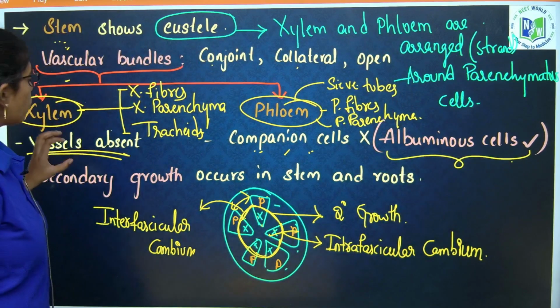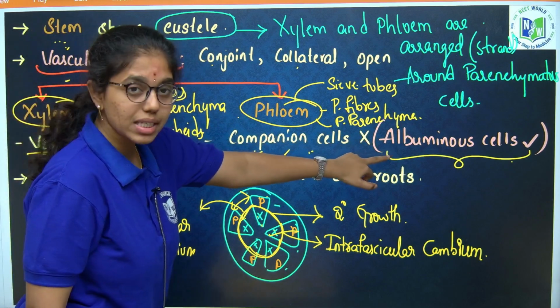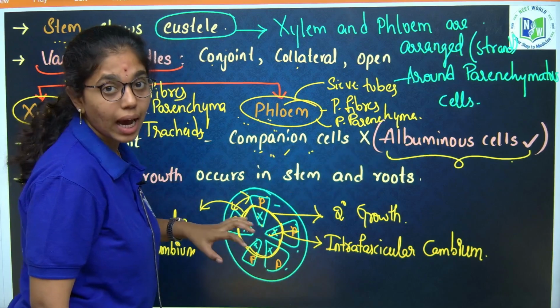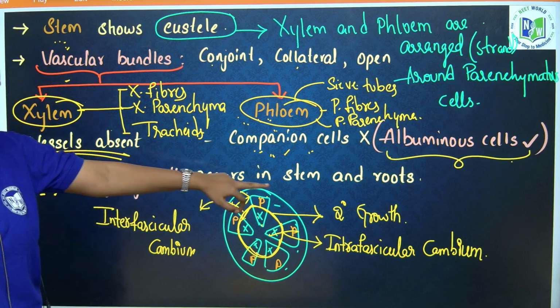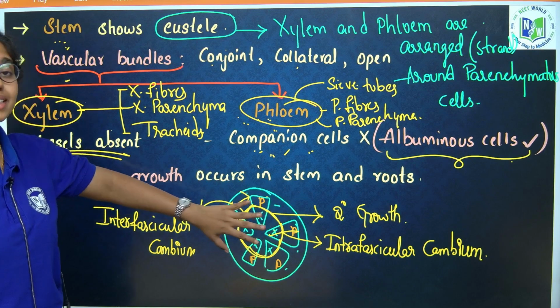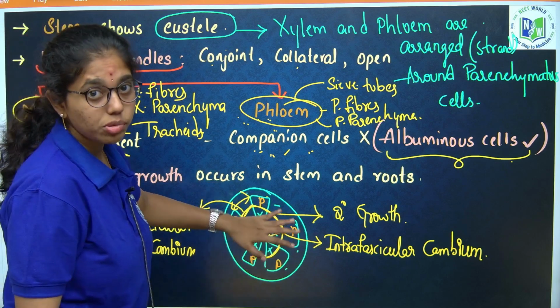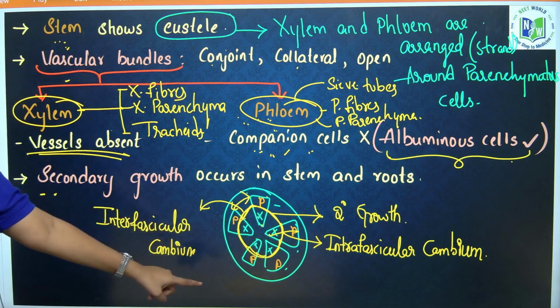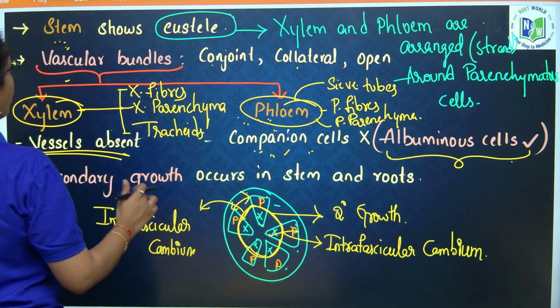Here in xylem, what is absent? Vessels are absent. In phloem, albuminous cells are present, companion cells are absent. Keep it in your mind. Now, secondary growth occurs in the stem and root because they possess cambiums. They possess secondary meristems, that is cambium, and they conduct the secondary growth, which increases the girth and width of a plant.